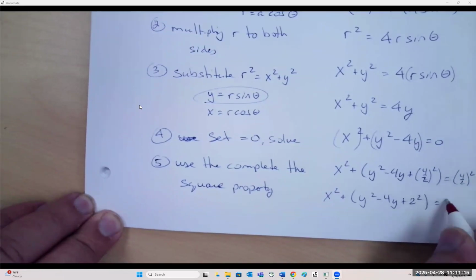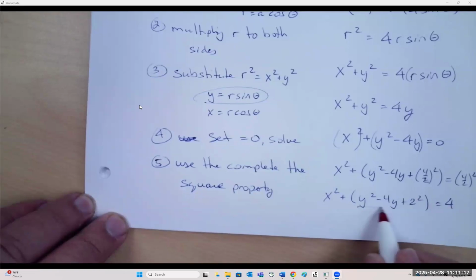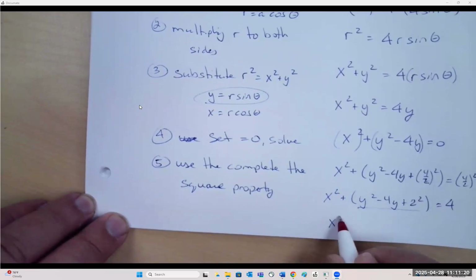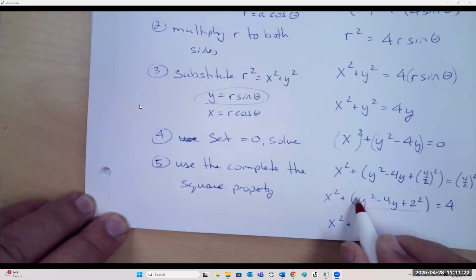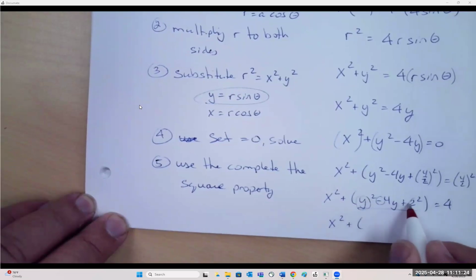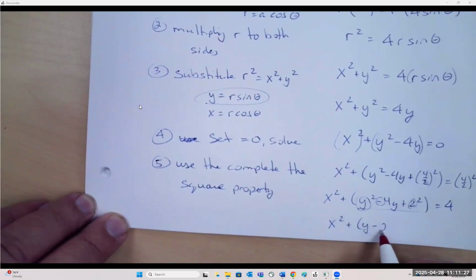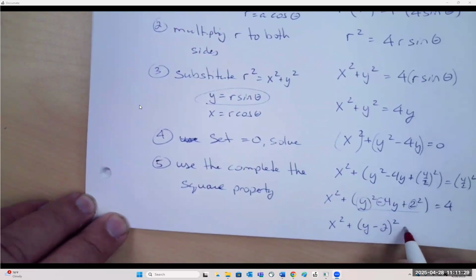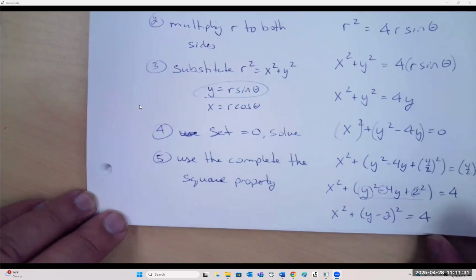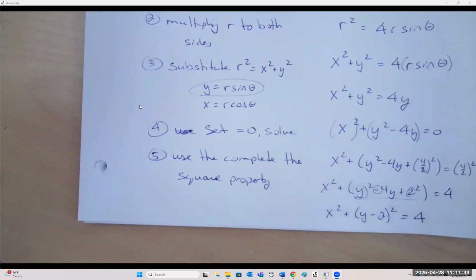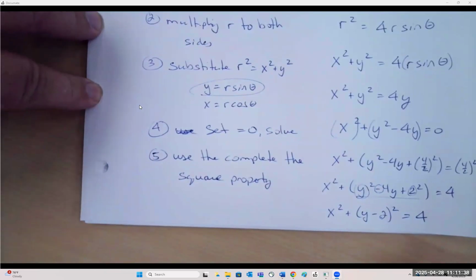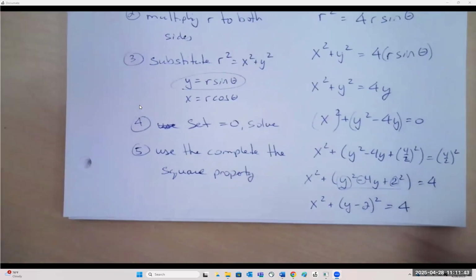So 4 divided by 2 is 2. 2 squared is 4. We've completed the square here, so we have x squared. Whatever's under the square, the first sign, whatever's under the square. So it's y minus 2 squared. It's the algebra part that's going to get you.